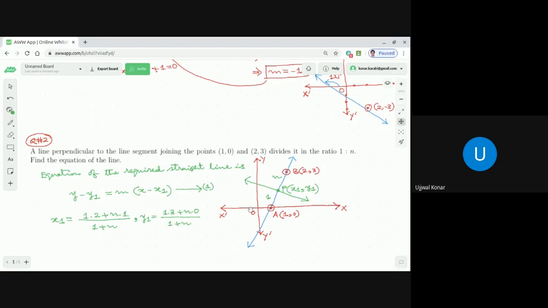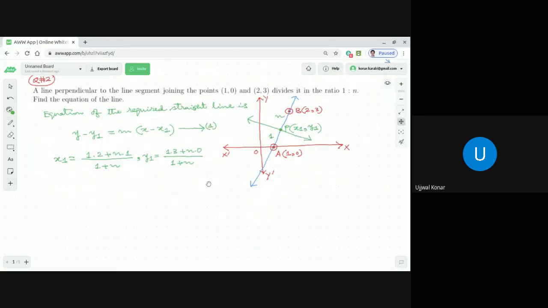So from here, x1 is equal to (n plus 2) divided by (n plus 1), and y1 is equal to 3 by (n plus 1). So we got x1 and y1.